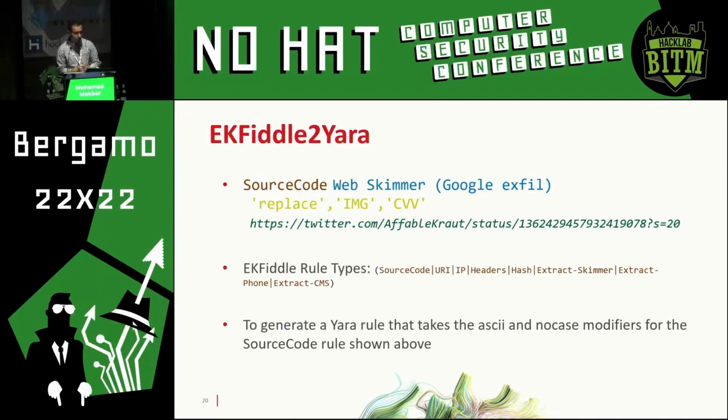And then the rule type contains other rule types, such as source code, as in the body of the page you're scanning, or it's in the URI, or it's an IP, or it's a part of the headers, be it in the request or the response, or it's a hash of the page itself, or it's an extract skimmer, meaning it's skimmer specific, or extract phone, as in parsing a phone number, or CMS for any content management system.